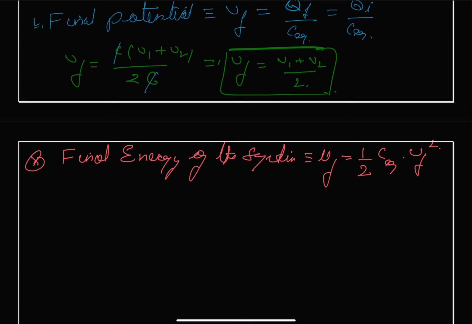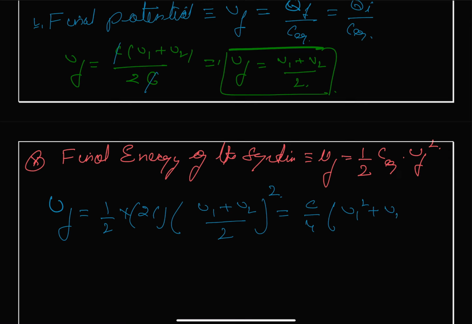So we get Uf is equal to half of 2C, and Vf square is (V1 plus V2) divided by 2 and its whole square. And we can sort it out, and this will be coming as C by 4, and this can be written as V1 square plus V2 square plus twice V1 V2, and we have to find out the decrease in the energy.